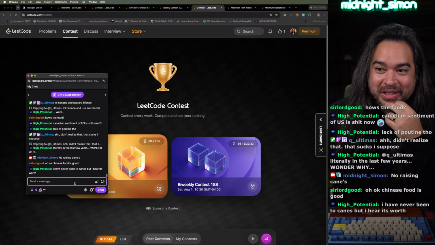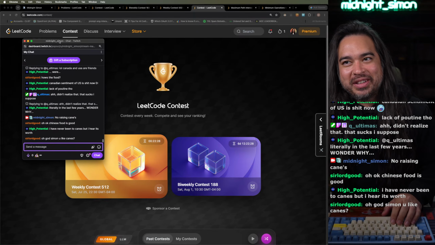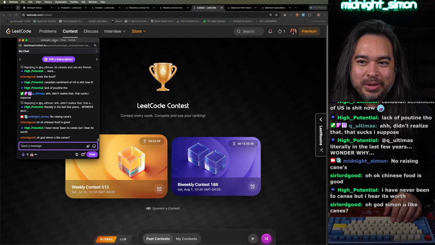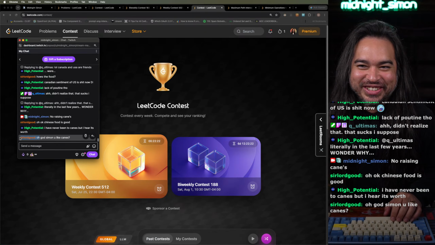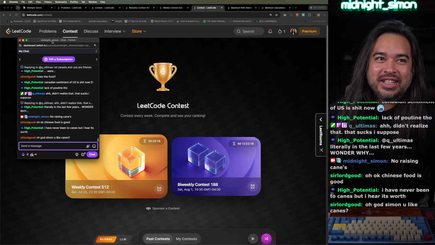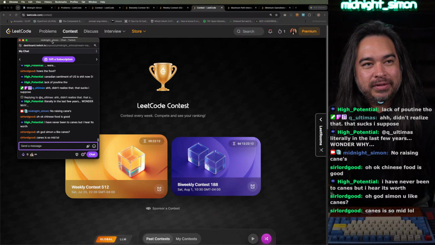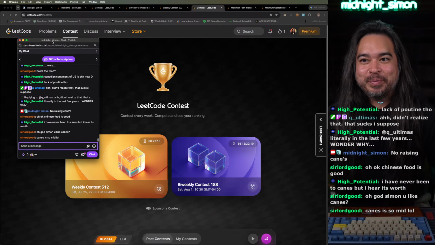I've never been to Cane's. Yeah, Cane's is good. A lot of people say it's not worth it, it's overhyped, whatever. But whoever says that, they don't know what they're talking about. Oh, Sir Lord Good, one of those people. Cane's is easily the best nationally available chicken tender for a reasonable price.